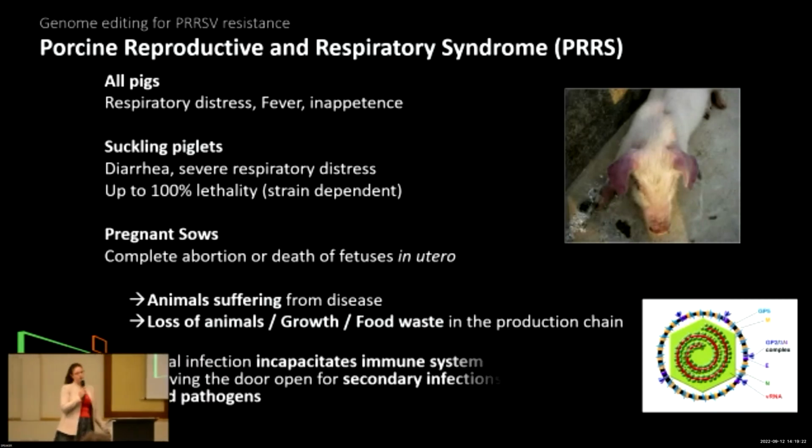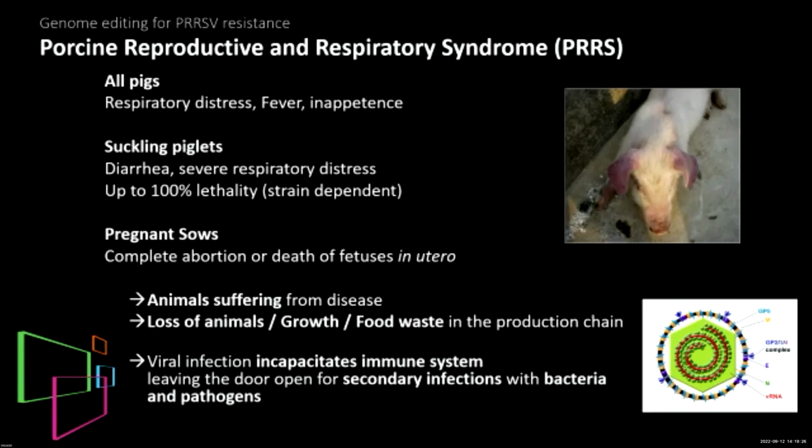What is also very important about this virus is that it infects macrophages, the first line of defense of the immune system, and it manipulates them. And studies from Europe have shown that the antibiotics use in farms that are positive for PRRS is at least double, up to 5-fold more than farms that are negative for PRRS.